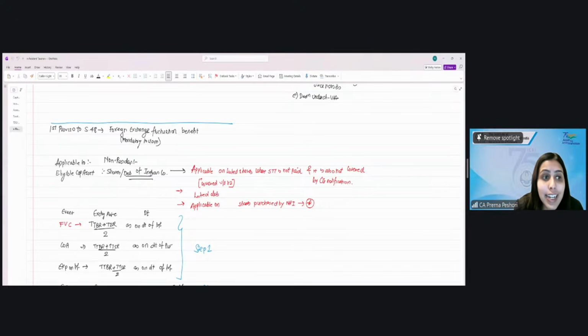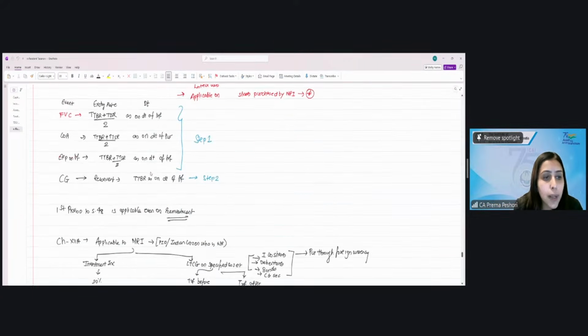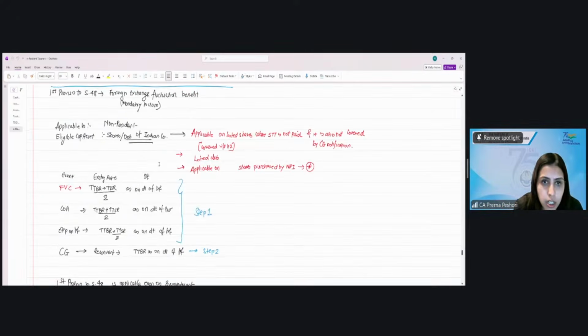So in case of the listed shares where STT is paid on the sale and purchase both, in that particular situation, 112A, when you pay the tax rate, the first proviso to 48 benefit you cannot take. Right? You cannot take it in that particular situation.